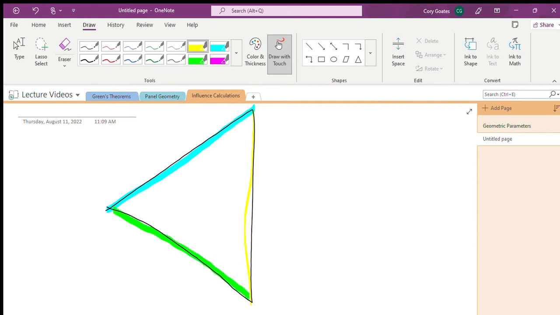So for each edge, we're going to go through a loop, and we're going to calculate all of the parameters for edge 1. So we've got R's, we've got A's, we've got G's, so on and so forth. And we'll calculate all those for edge 1. And then, since we're summing things up, we'll just keep track of these in a variable, phi, or induced velocity, whichever one you're dealing with.